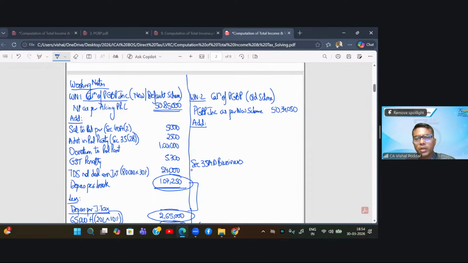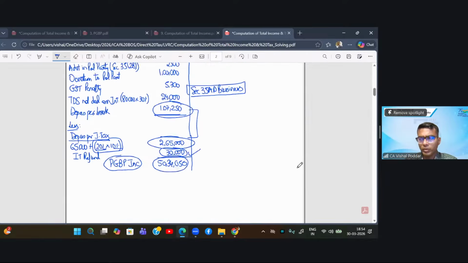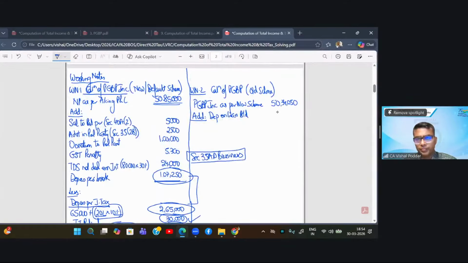Because in my old scheme, 35 AD is considered as a separate business, a special business under 35 AD. So the depreciation relating to this business cannot be claimed in my regular business. So depreciation on warehouse building. How much is it? It is 20 lakhs, 10%. So it is 2 lakhs.